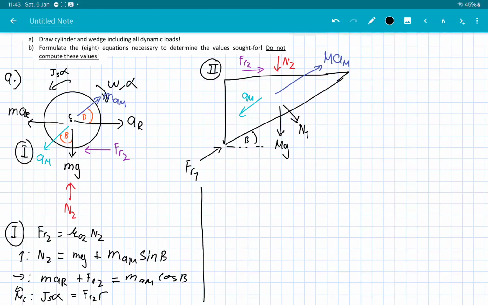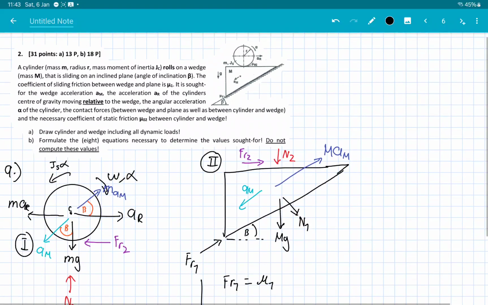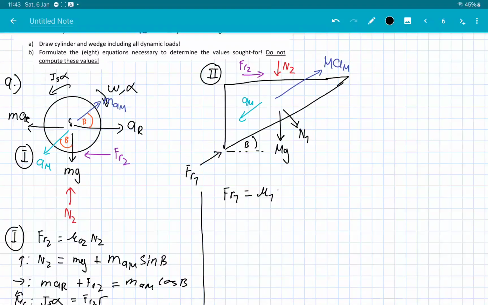Draw a line here. 1, 2, 3, 4. We have 4 equations there. We need 8 equations, so we need 4 more. So for here, the basic one to know is that FR1 is equal to mu1 times N1.